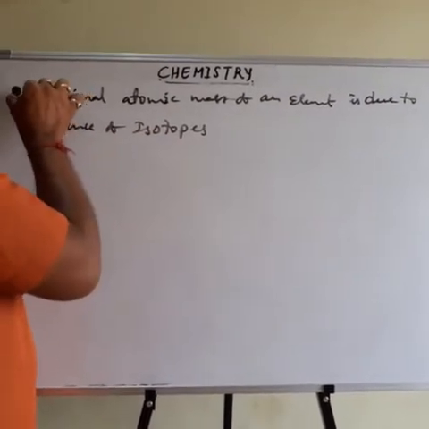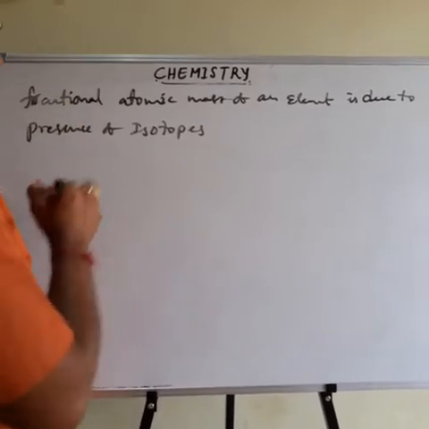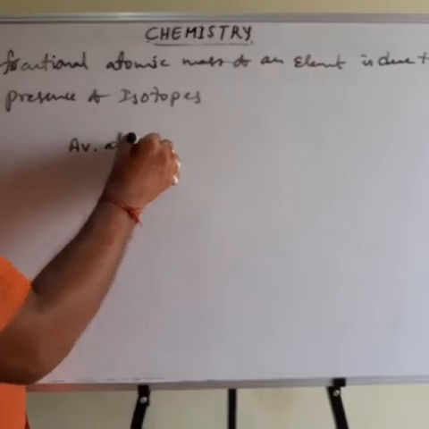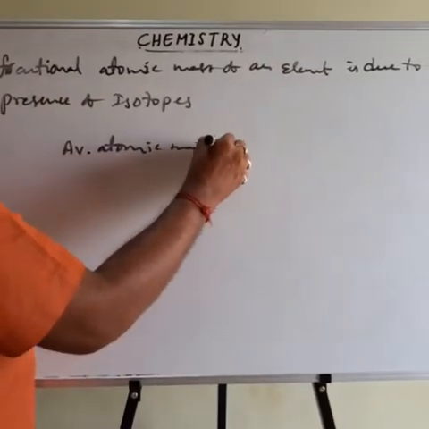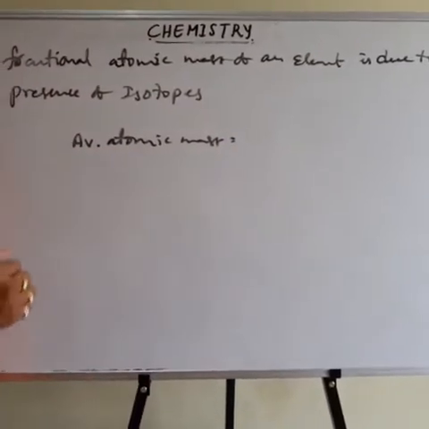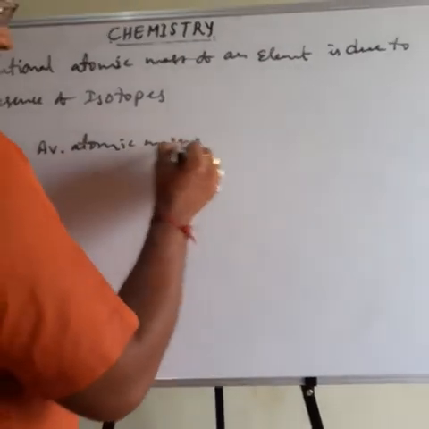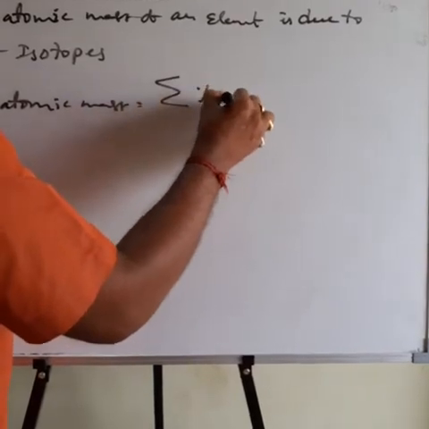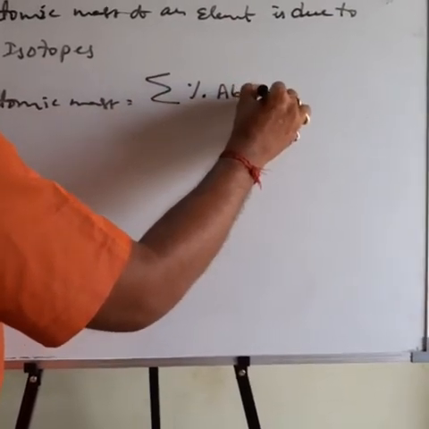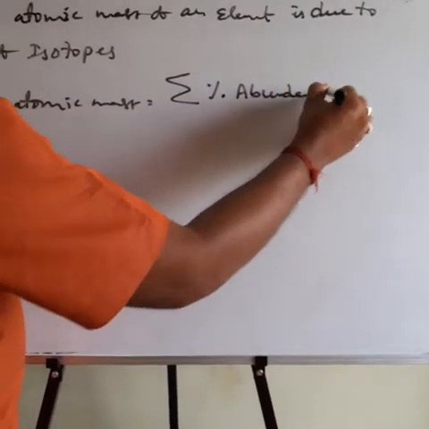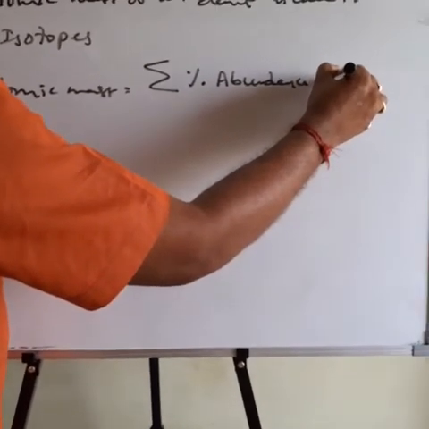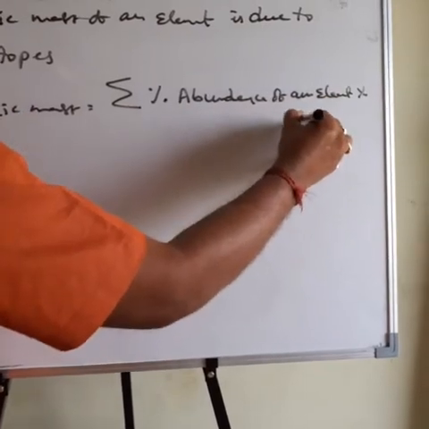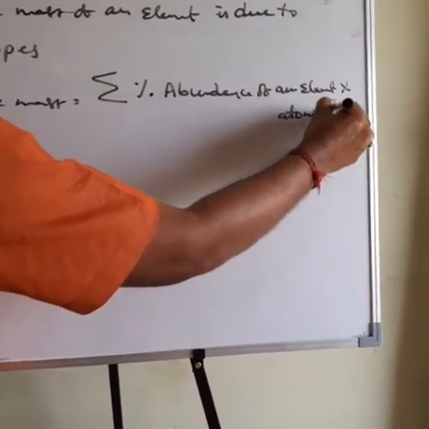Then how to find the fractional atomic mass of the element? The average atomic mass. This formula is important; it has come many times in competitive exams. Average atomic mass is equal to the sum of percentage abundance of an element into atomic weight.